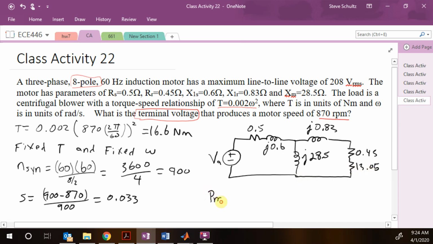So our mechanical power is going to be equal to 16.6 times 870. Convert this into radians per second, 2 pi over 60.